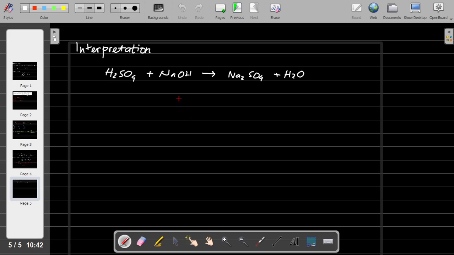But before I tell you, let's make this equation a balanced equation, because as you can see, this is not balanced: we have one Na here, but in this case we have two Na, so we have to balance it first.